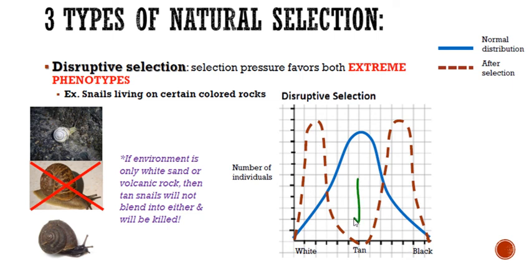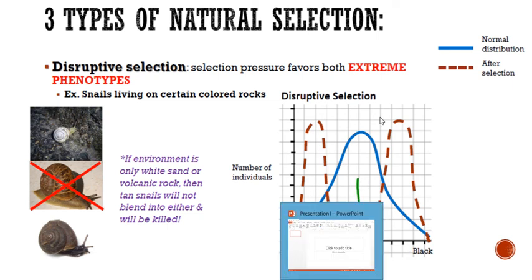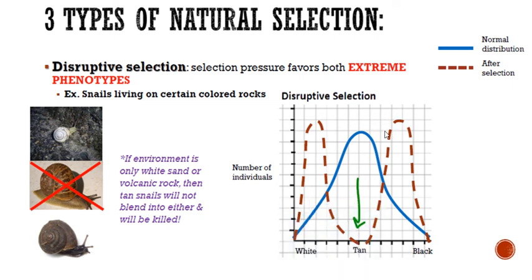So we are going against that intermediate, and instead we're selecting for the extremes. So disruptive. So 3 possibilities. Either we are selecting for the intermediate, or we're selecting for the 2 extremes, or we're simply shifting to one side versus the other. 3 types of natural selection.